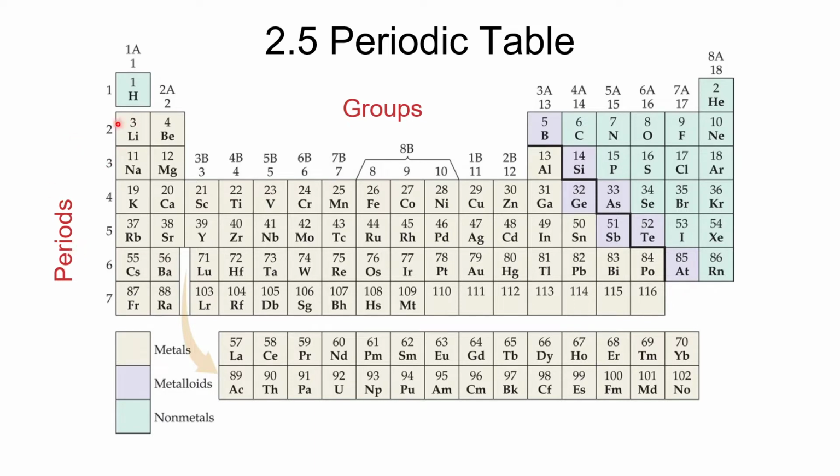Now, about those group numbers that are up on top, there are two predominantly used grouping number systems. There is sort of the old system that is used primarily here in the United States, but in some other countries as well, where this is group 1A, 2A, and then we come over here to boron, 3A, 4A, 5A, 6A, 7A, 8A.